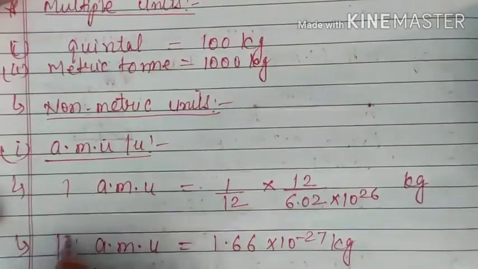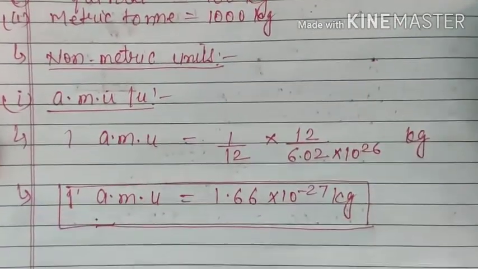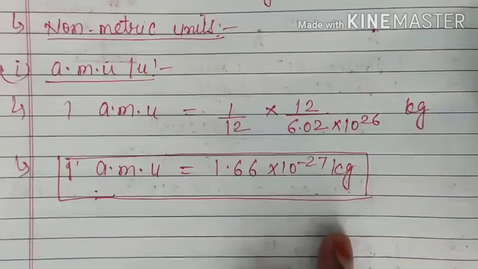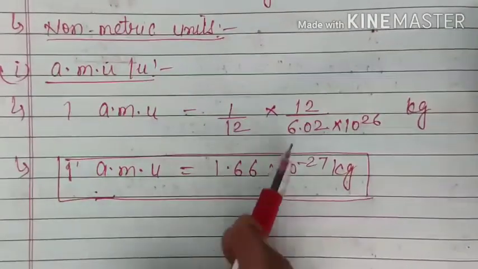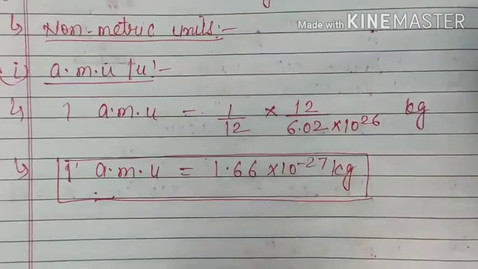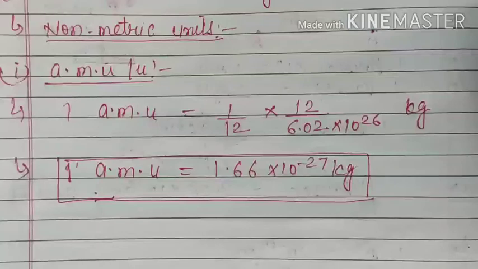Actually our work will be this one only. We just want this numerical value, because here SI unit is kilogram, so we want its relation with kilogram. So either we can directly remember it from here, or we can derive it, or we can calculate it from here. These are the units of mass. Rest of the things we will see next class. Thank you.